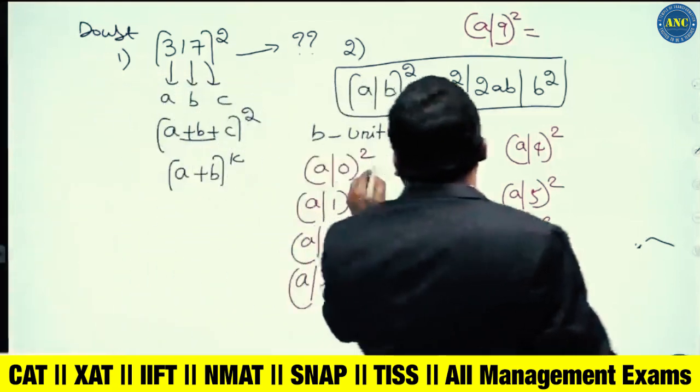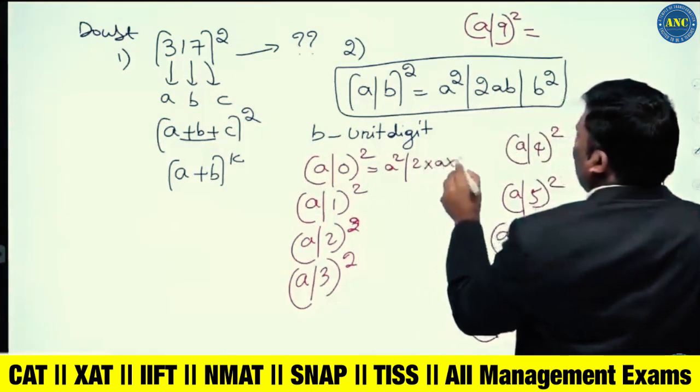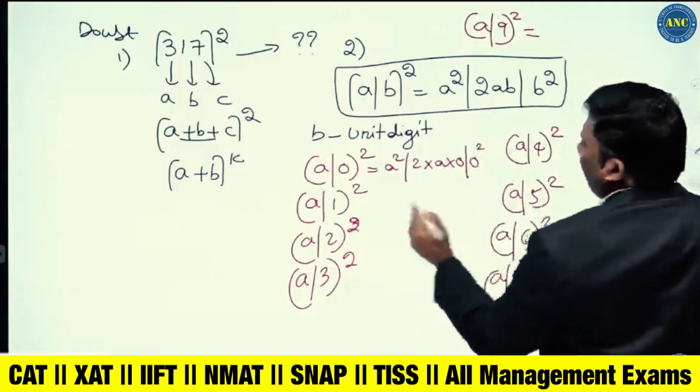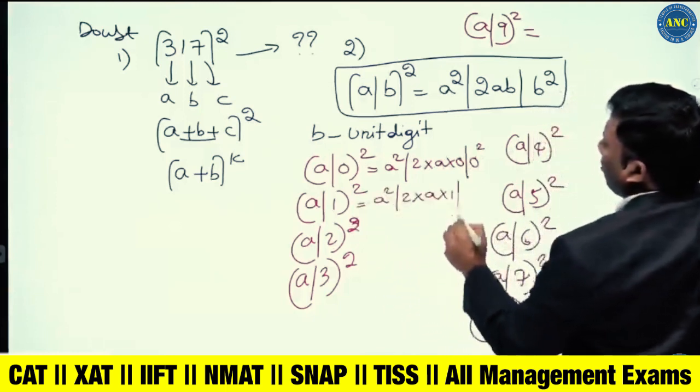Now see here, this will become a very important understanding. (A plus 0) whole square is A square plus 2 into A into 0 plus 0 square. (A plus 1) whole square is A square plus 2 into A into 1 plus 1 square.